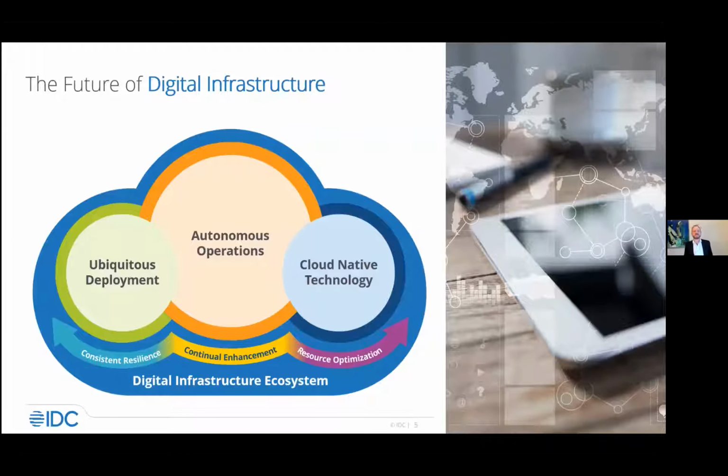IDC has a framework that we call the future of digital infrastructure. That's really about how organizations should build their platform or infrastructure for a digital world. I'll just very briefly go through it. It's about autonomous operations, because of the requirements by the business, new requirements all the time, the requirements for being fast and agile and what have you.